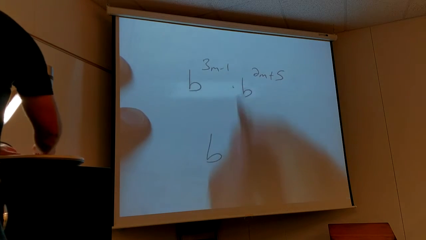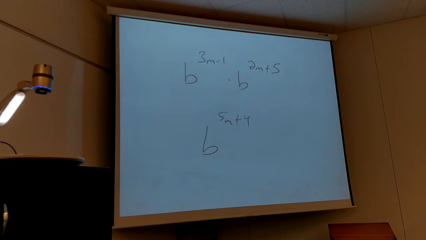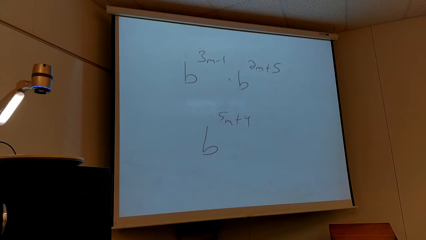B to the 5n plus 4. Because what you do with the powers when you multiply like bases, you add them. It doesn't matter what they are. It never said they have to be whole numbers. They have to be nice. No. Do you understand? So the properties can never change in math. If you think they did, you're looking at something wrong.